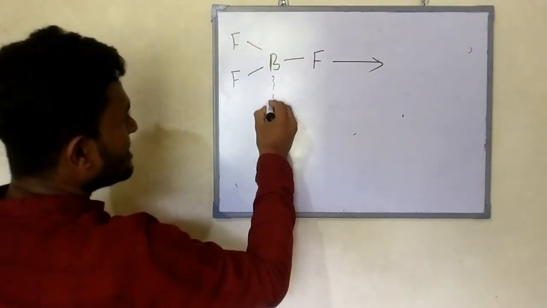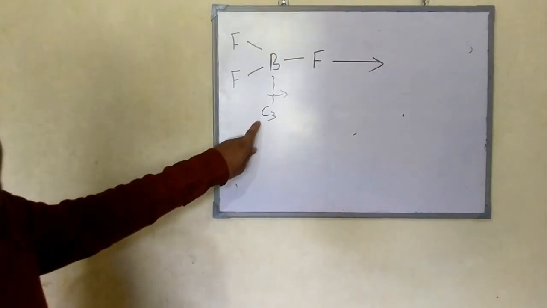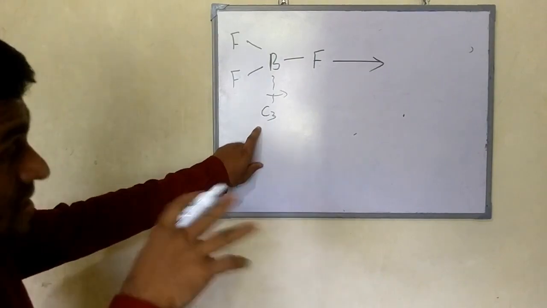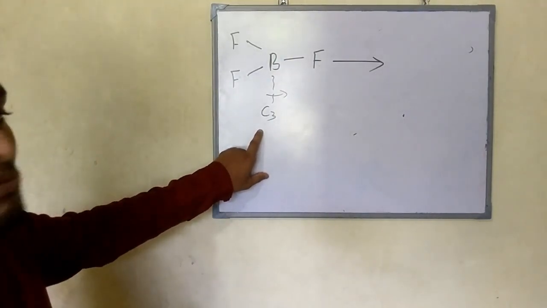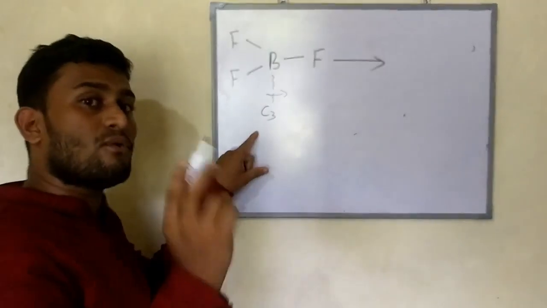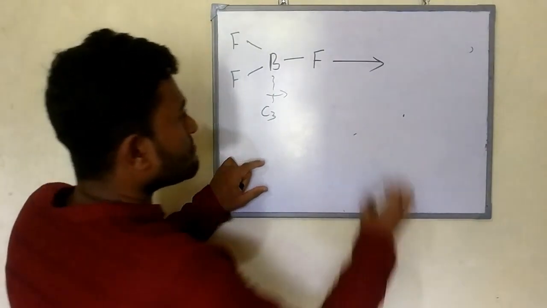So this is your C3 axis. C3 means rotating by 120 degrees. But at the same time you can rotate it by 240 degrees, that is twice the 120.